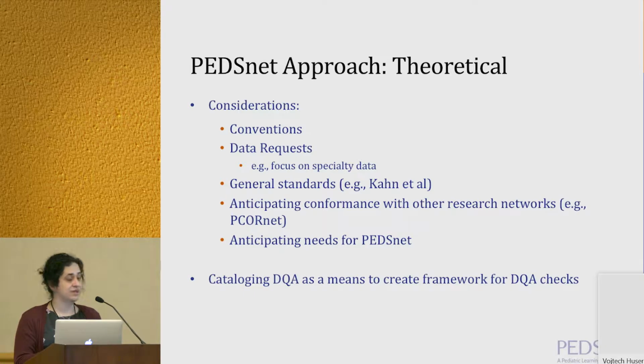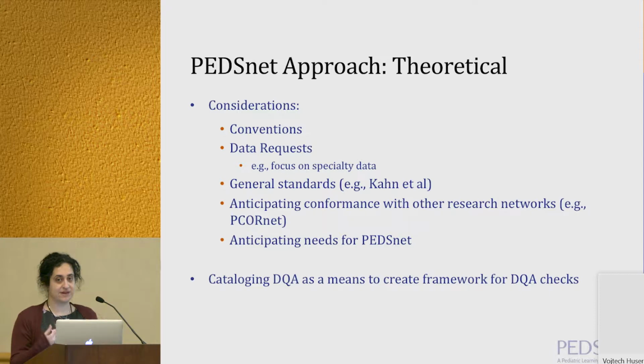Data requests: for example, we never thought we would focus so much on provider specialty, but that turned out to be a huge thing because investigators and people using the network found it very important. That's a driving force in helping us frame what we want to focus on in data quality. And then, of course, the theoretical general standards.